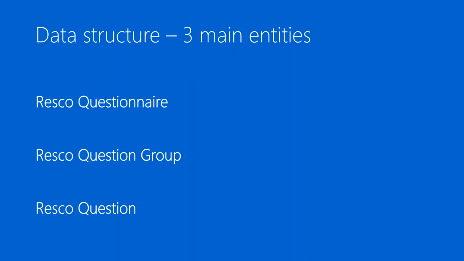So we have three main entities for the questionnaires: Resco Questionnaire, Resco Question Group, Resco Question. These entities are created when you import the Woodford solution into your server, so they are automatically created for you.